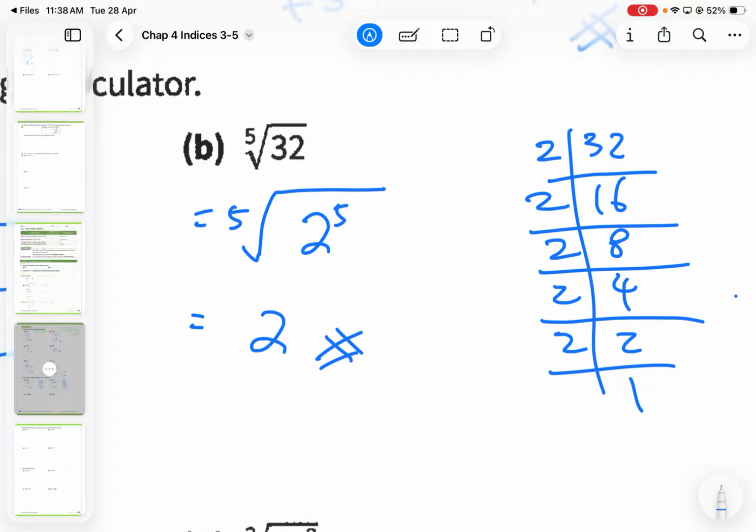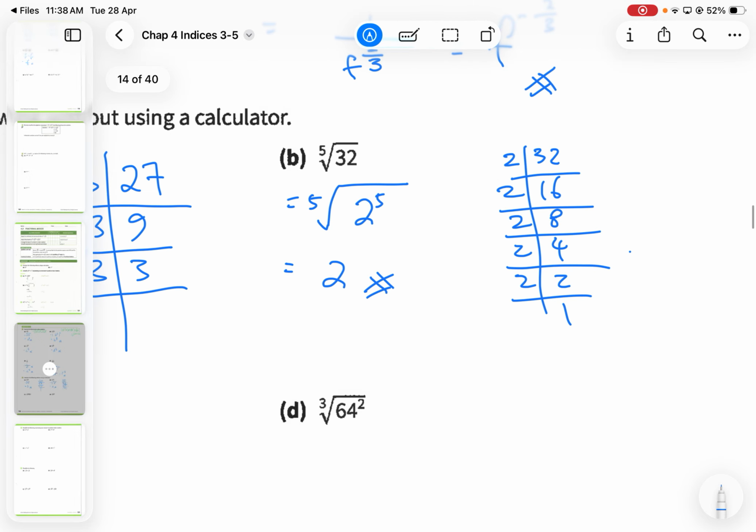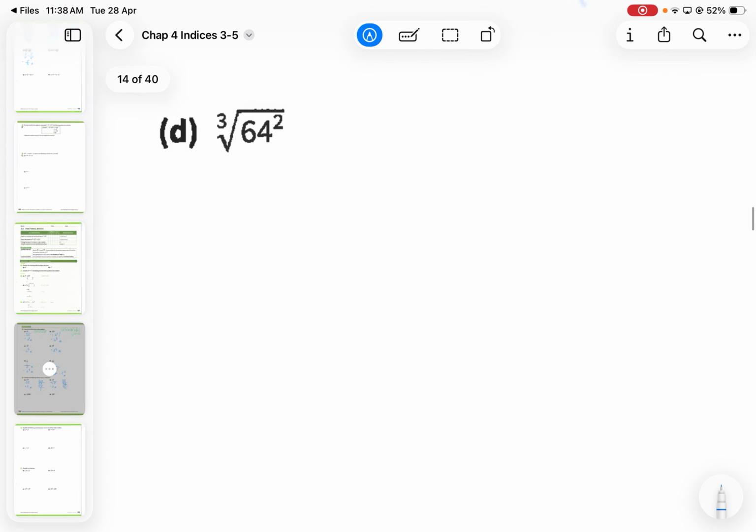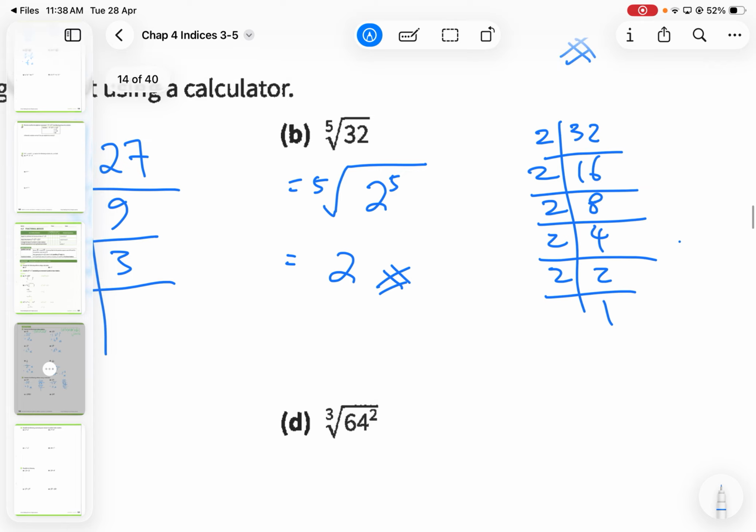Okay? So when they say don't use calculator, they expect you to show this. 32 is 2 to the power of 5. Then answer 2. Okay, I do part D. Later you all try part C.